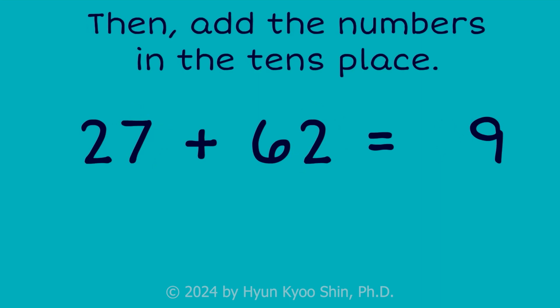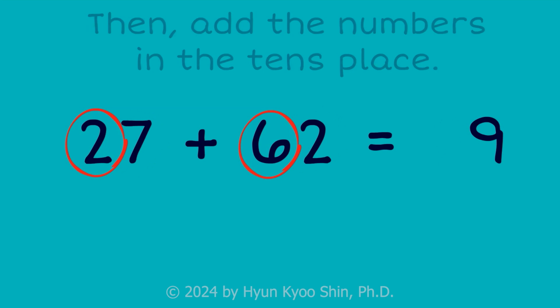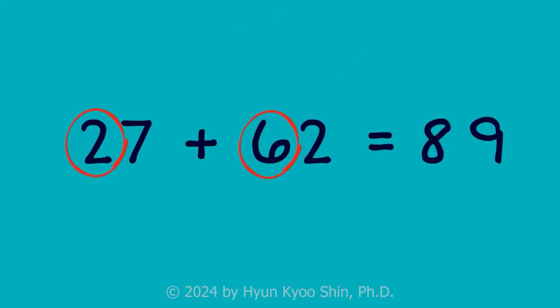Then add the numbers in the tens place. 2 plus 6 is equal to 8. The answer is 89.